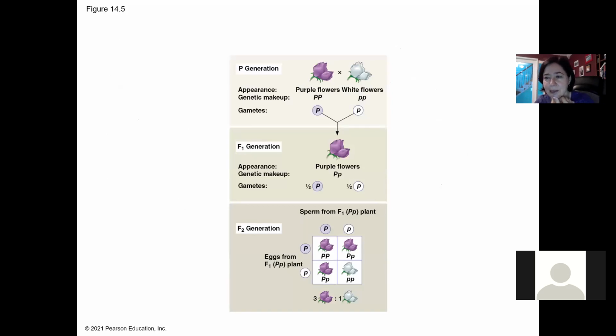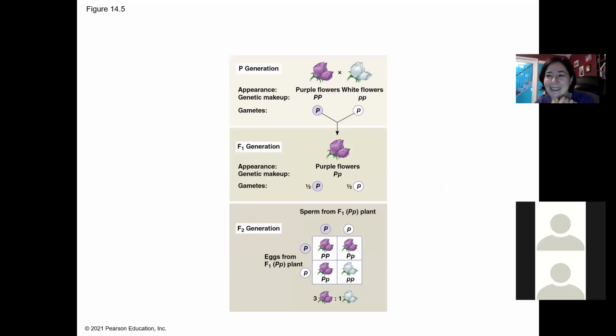Do you like statistics, guys? No, I see, you don't like statistics. It's not a very hard one, to tell you the truth. This is quite simple to demonstrate the law of segregation.